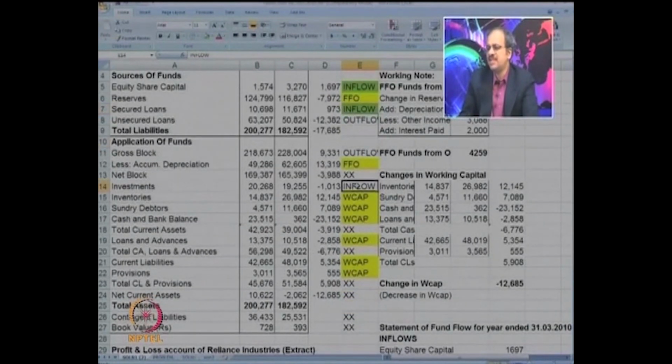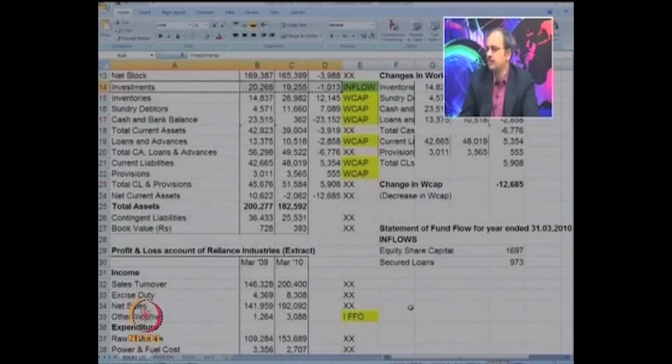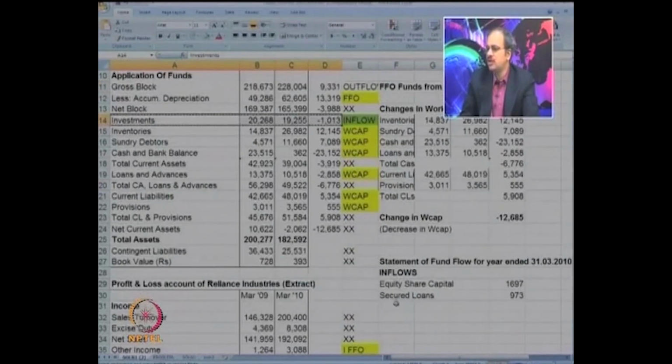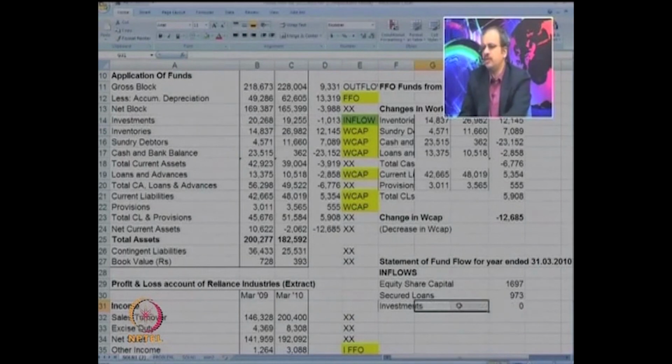Next inflow you can see is investment. In case of investment, what has happened is investments have actually gone down. Take a look at the figure. From 20,000 they have reduced to 19,000. So there is a sale of investment.